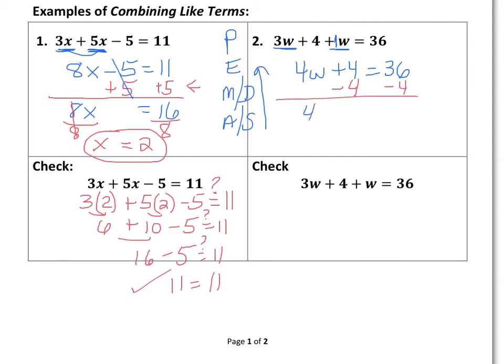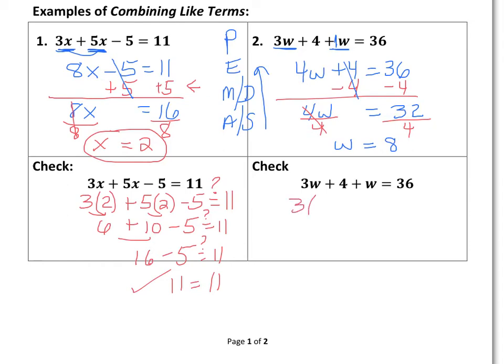And 4w comes down, opposites reduce to 0, and 36 minus 4 is 32. We're going to undo this multiplication with division, and anything divided by itself reduces to 1, and we think our answer is 8.